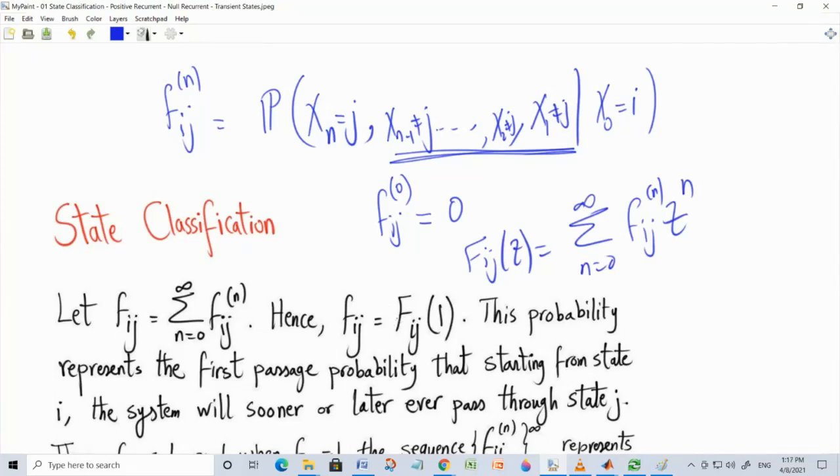This is the probability that, given that we start in i, we will visit j sooner or later. So this is a summation over n. If we sum over n, we basically say that given that we start in i, we will eventually, sooner or later, visit j.